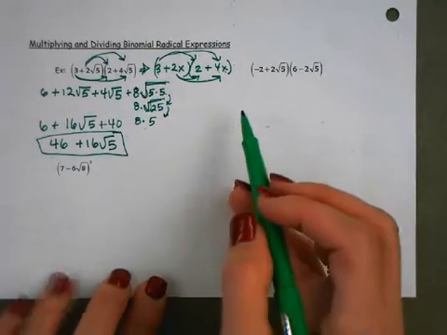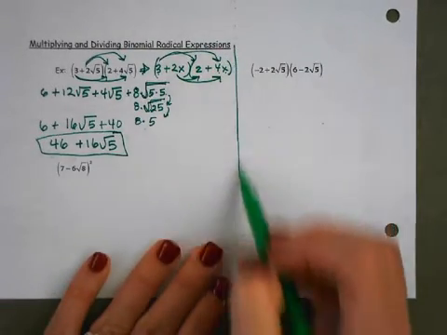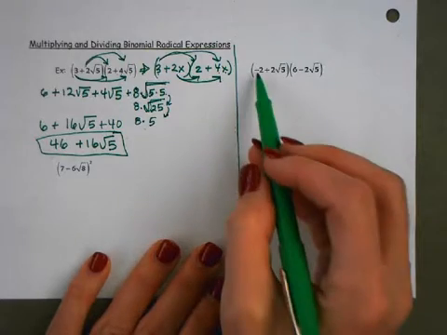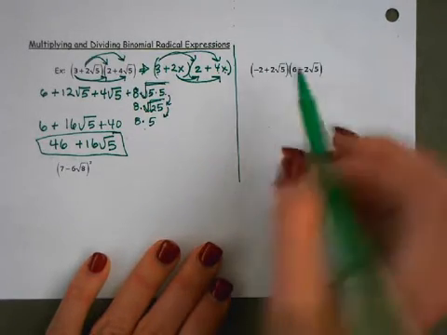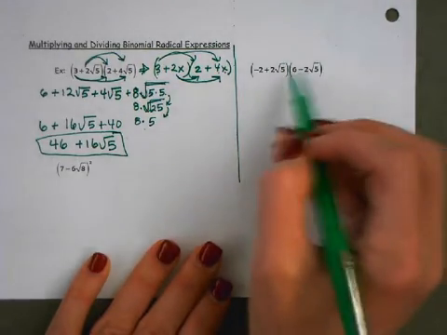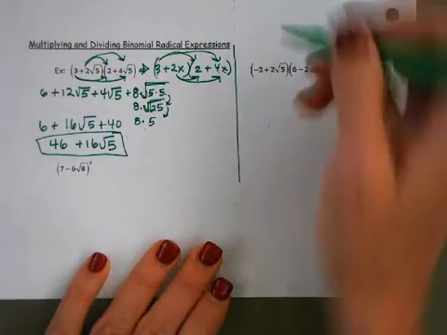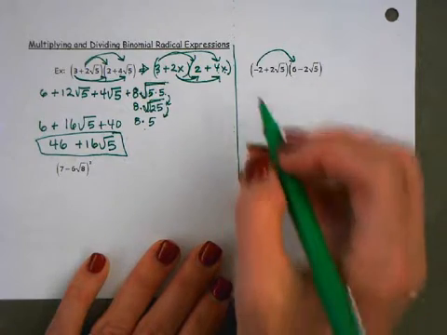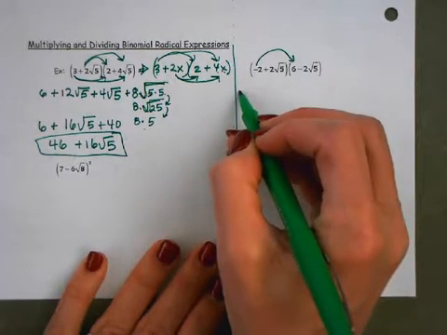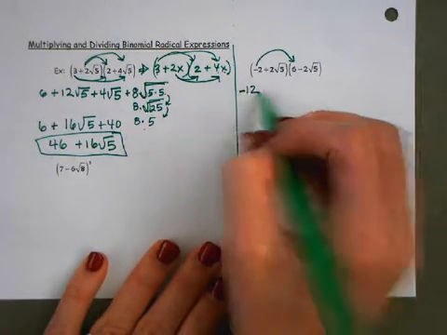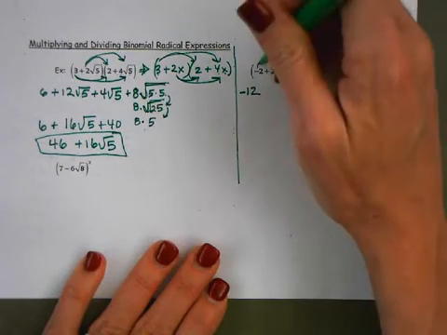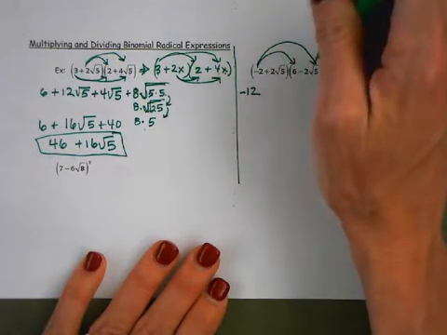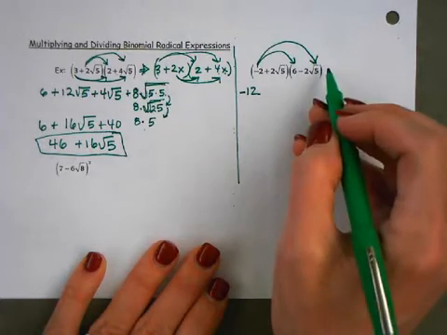Okay. So let's look at this next example here. So I have negative 2 times 6. So we have 2 terms here multiplied by 2 terms, so I have to do the distributive property. So I'll take the negative 2 and multiply it by the 6. So negative 2 times 6 is what? Negative 12. Right? Then I'll take negative 2 and multiply it by a negative 2 square roots of 5.